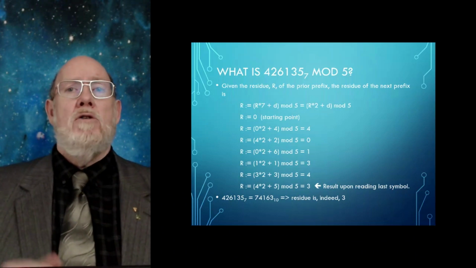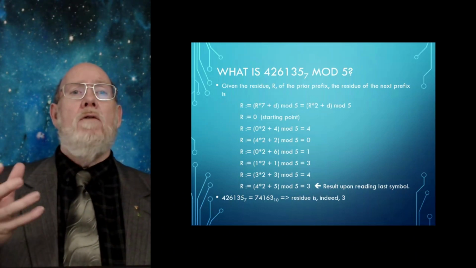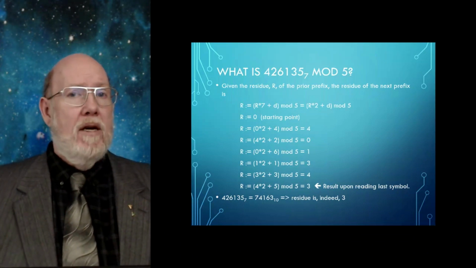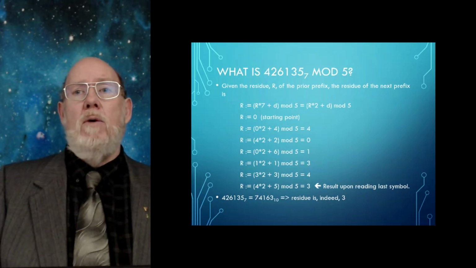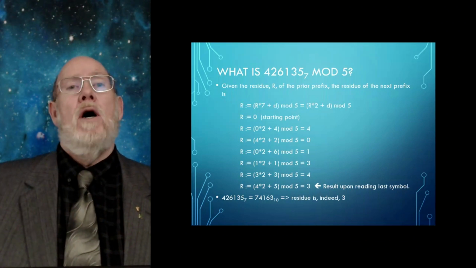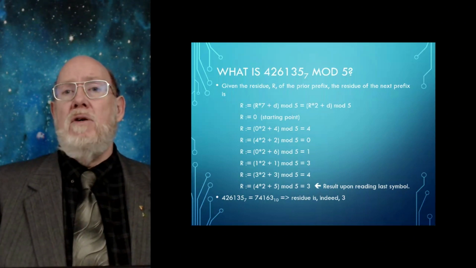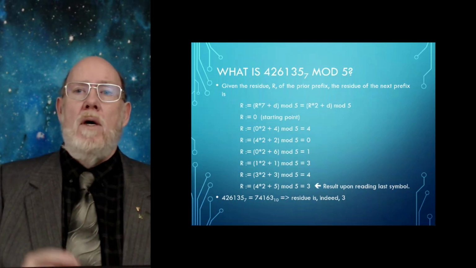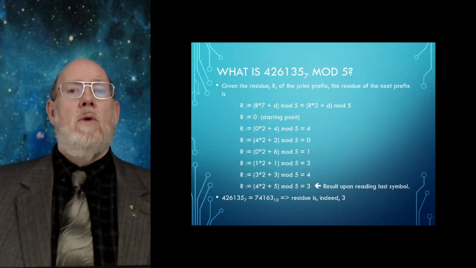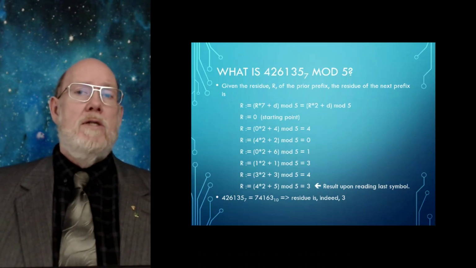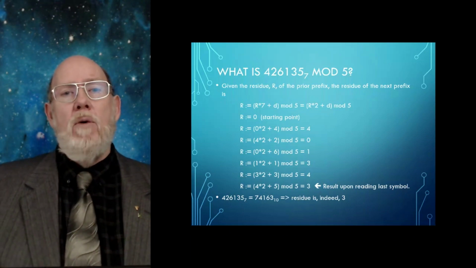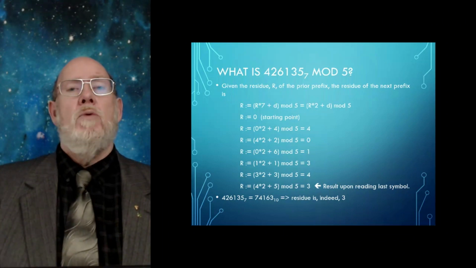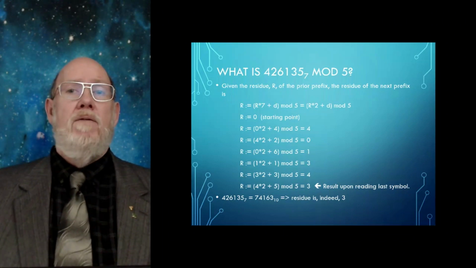First, let's recall our trusty formula, and then let's walk from one symbol to the next. One of the first things we can do in this particular example is reduce the value of the base, 7, modulo 5, to get a coefficient of 2, since 7 and 2 are congruent in a mod 5 world. We then start out by setting our residue equal to 0, that's the residue of the empty string. Now we multiply the current residue by 2 and add 4, reducing the result mod 5 to get 4.